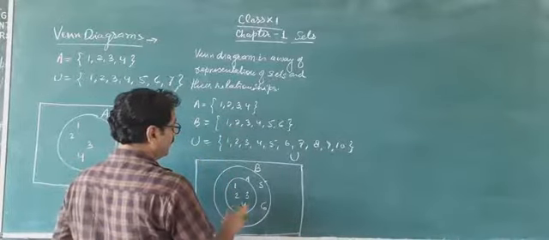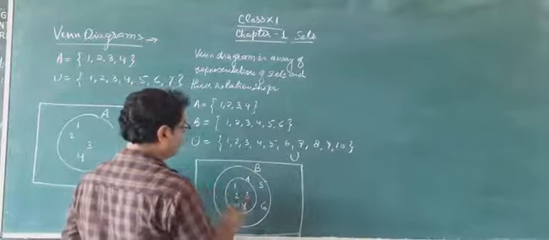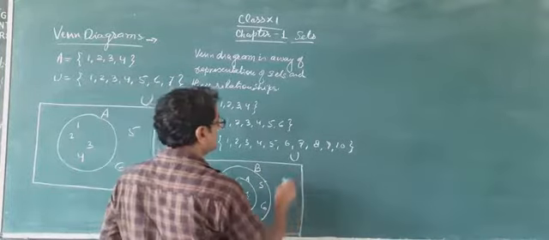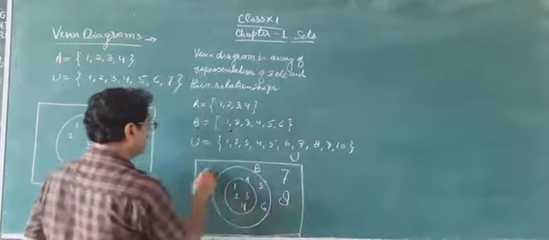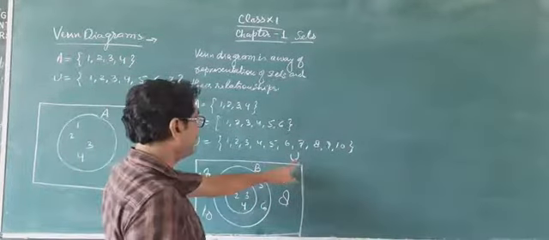So 1, 2, 3, 4 is in A, then 5, 6, and the universal set is 1, 2, 3, 4, 5, 6, 7, 8, 9, 10. So this is the universal set.